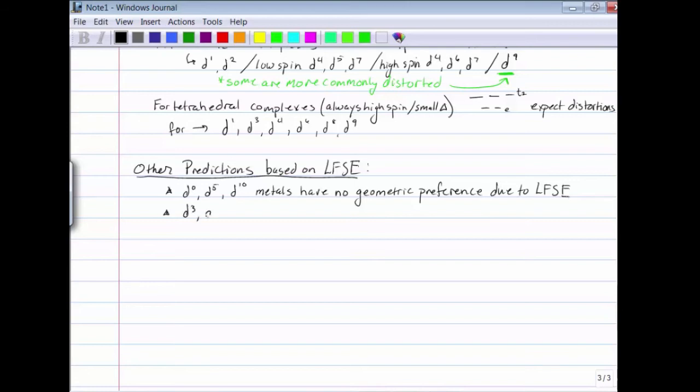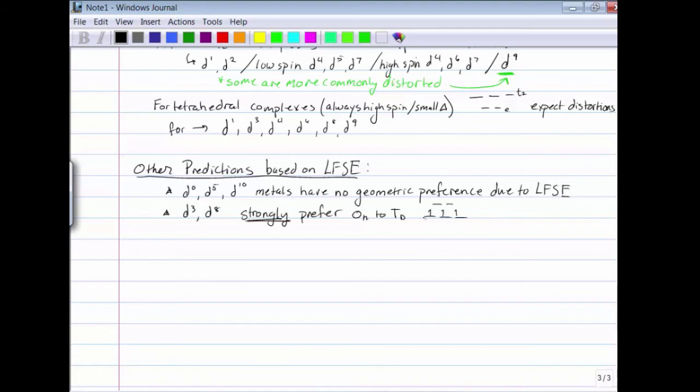d3 and d8 are found to strongly prefer octahedral to tetrahedral. So the emphasis is on strongly prefer. And if you look at their electron configurations, you would see why. In both of these cases, you have electrons in the low energy set.